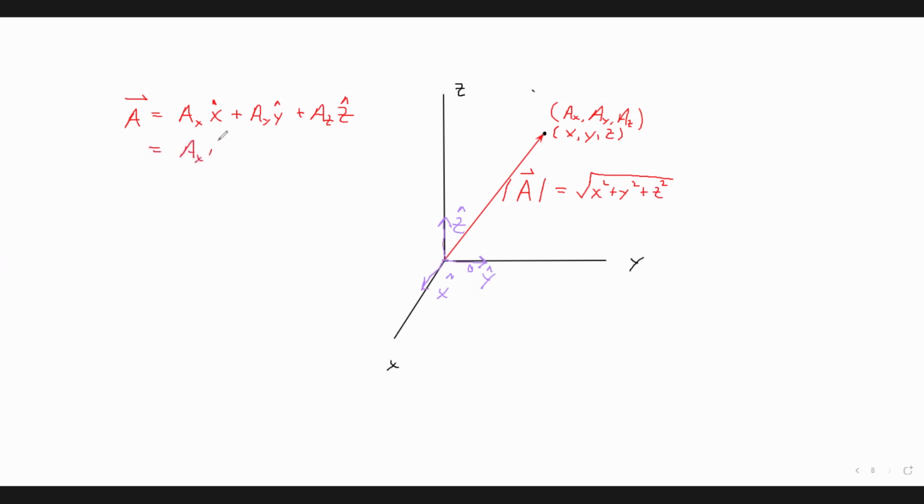A sub x times i plus A sub y times j plus A sub z times k. So the unit vectors in the x, y, and z directions you will frequently find by convention are just called i, j, and k. You can call them x, y, and z with hats if you want. It's entirely up to you. All right, so that's a vector in rectangular coordinates. And the magnitude of this vector is just going to be, from the Pythagorean theorem, the square root of the sum of the squares of its components in rectangular coordinates.